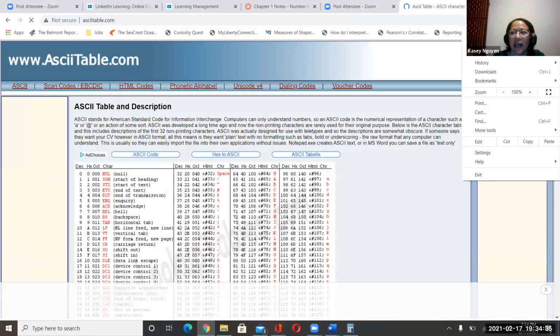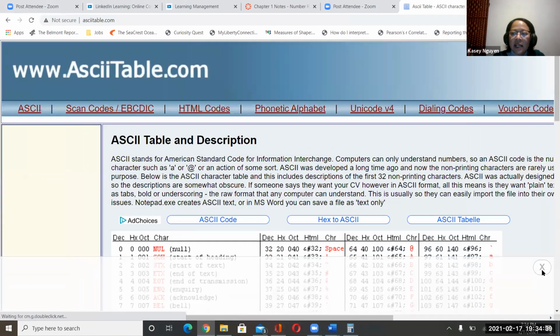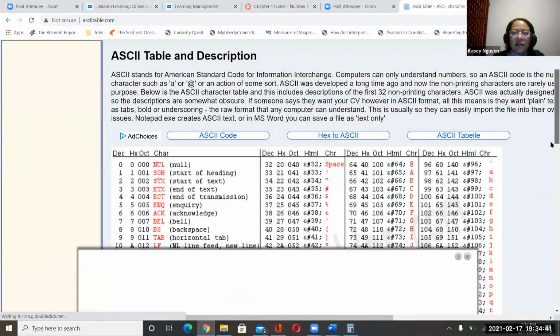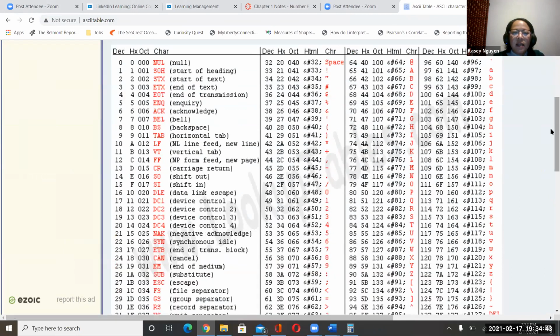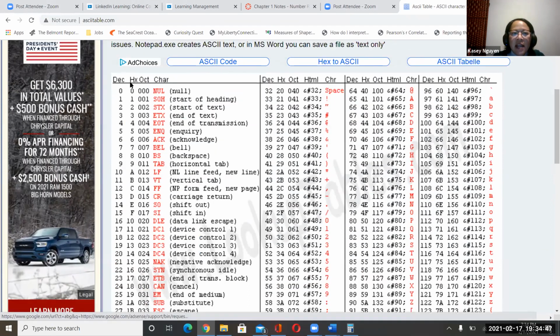When we look at an ASCII table like this, you would see that it has the decimal and the hex equivalents. So when I have a 0, that's a 0.